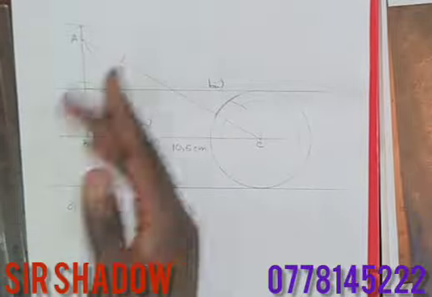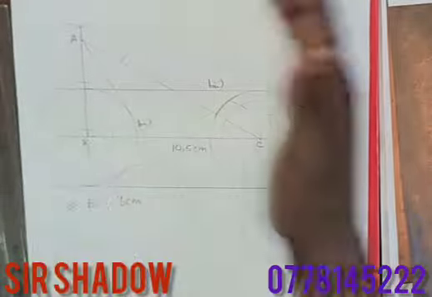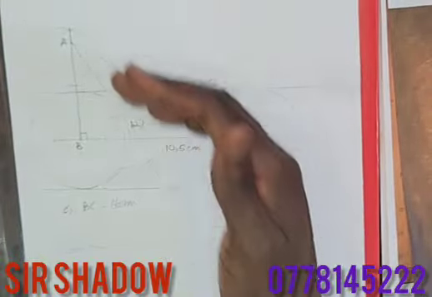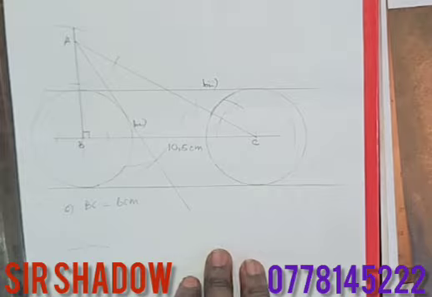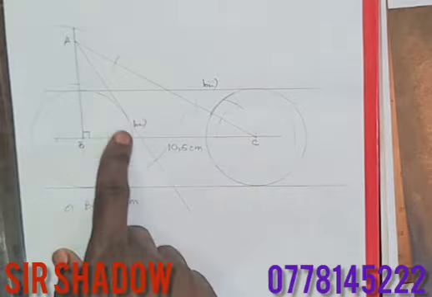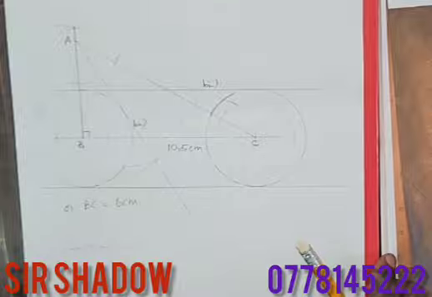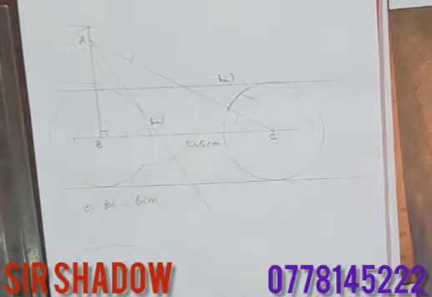It's nearer to AB, so it seems like this part is away from this part. Then less than 3 centimeters, meaning less than inside 3 centimeters. This one, less than 3 centimeters from BC.